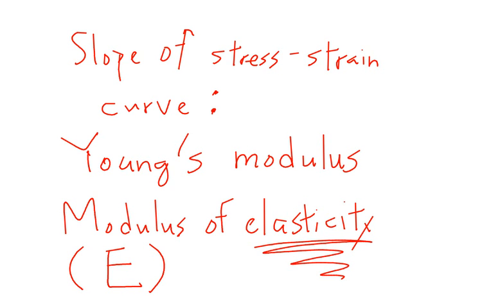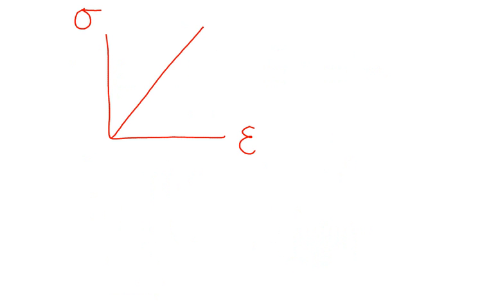And how modulus of elasticity relates to that curve: remember we plotted sigma on the y-axis and epsilon, or strain, on the x-axis, and you get a straight line. So the equation of this line is sigma equals E epsilon.